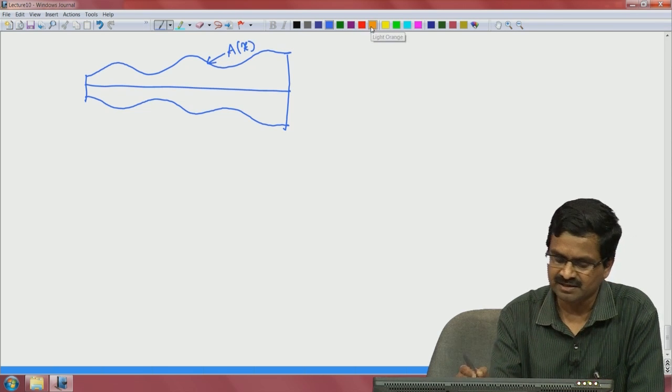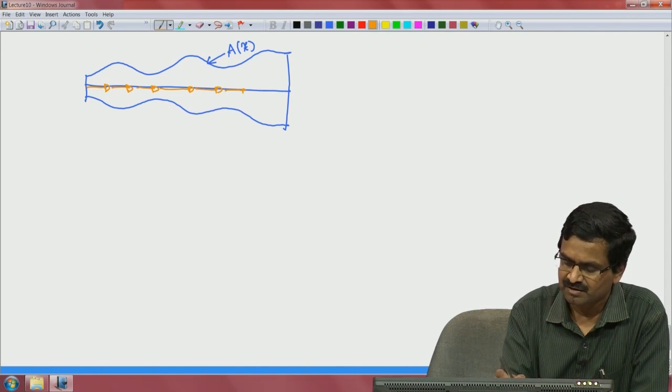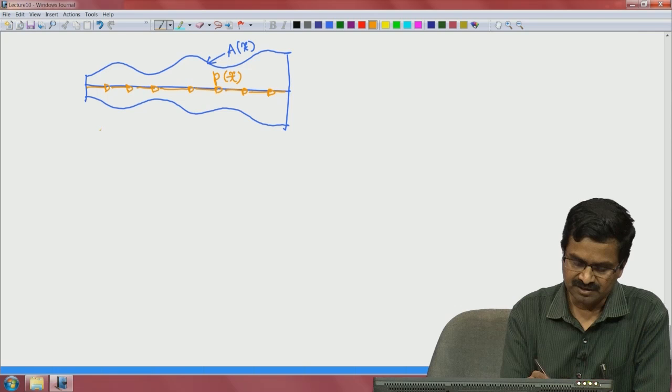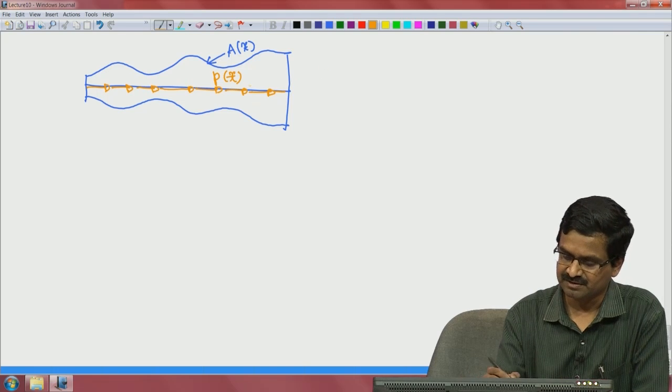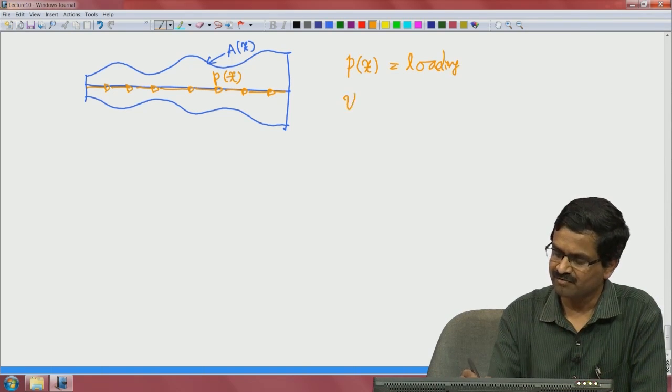Let us assume that there is some loading that is given on this. Every point there is some loading which we say is a function of x. So, p of x. Under p of x there is also going to be a displacement. So, p of x is loading. Due to that loading we will also have axial displacement u of x.